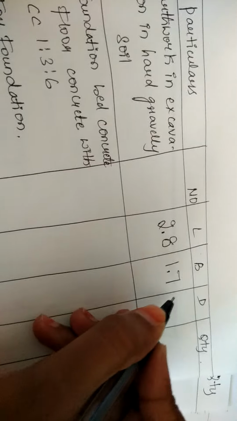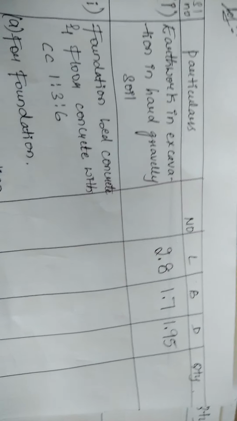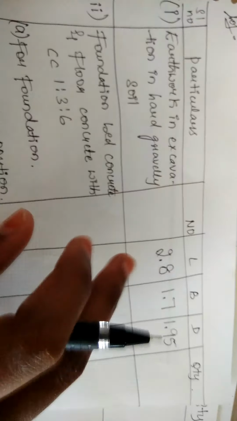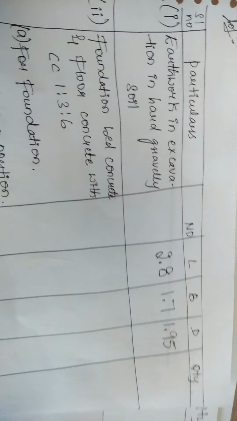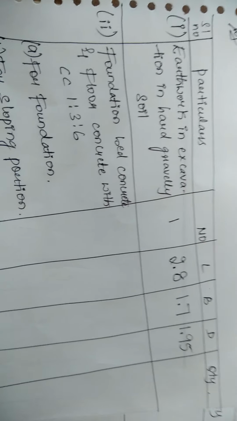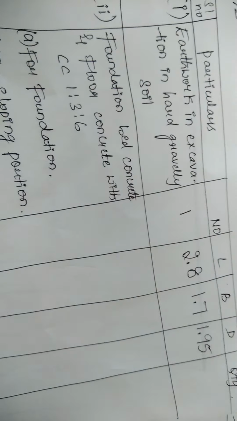Now let us write the value here. The depth is 1.95. So this gives all the three dimensions of the earthwork excavation. As I am considering all the three dimensions within one form, hence the number will be 1. So there is only one number. Within the one number itself, we will be finding the overall earthwork which has to be excavated.